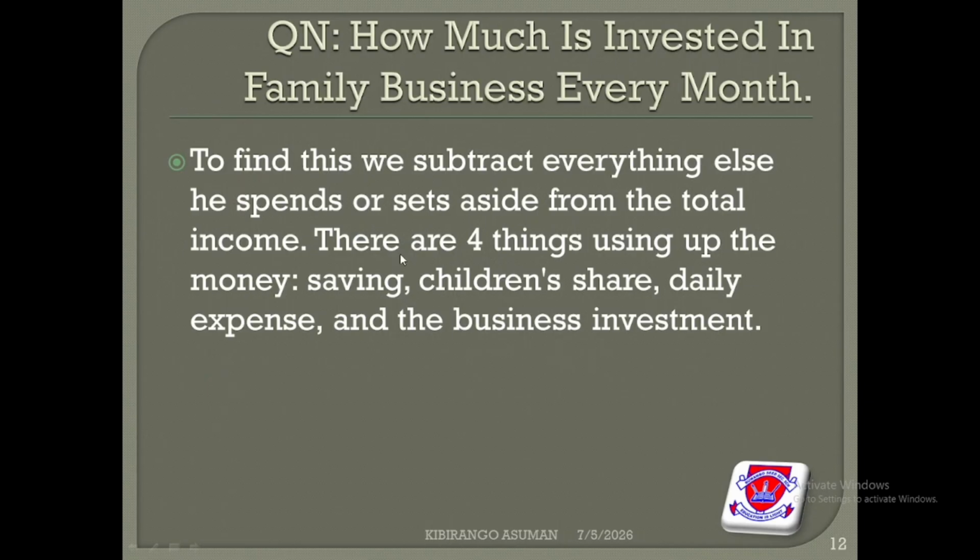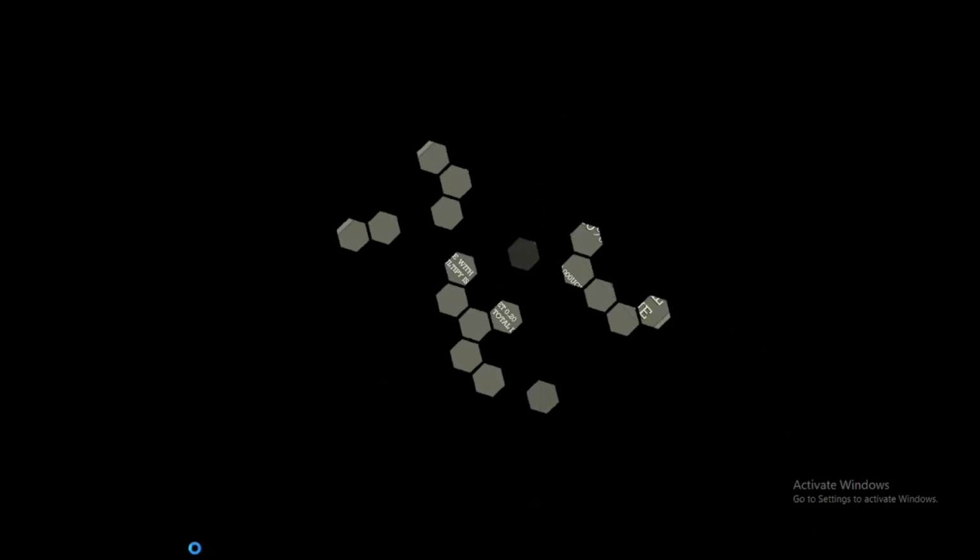There are four things using up his money: the savings, the children's share, the daily expenses, and the rest is the family business investments. Remember that he saves 20% and 10% goes to the children's share. So we find the savings, the children's share, and the daily expenses, subtract them, and the remaining goes into the business investments.